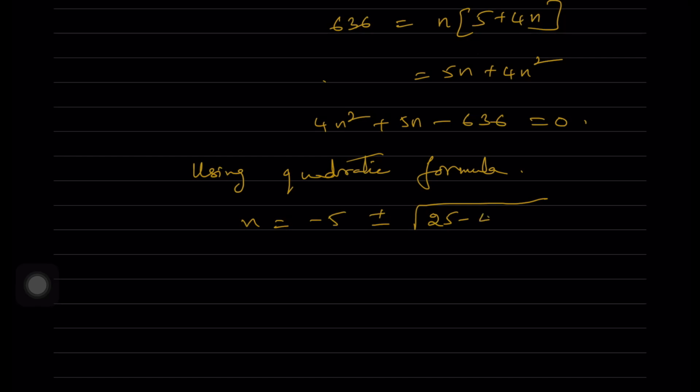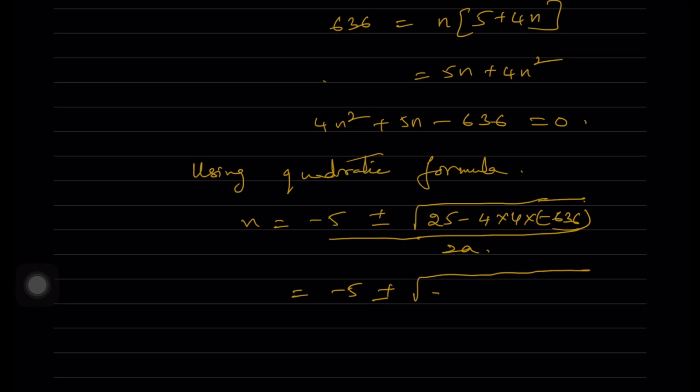B square is 5 into 5, that is 25, minus 4 into a c, which is 4 into minus 636, divided by 2a, which means 2 into 4. So therefore you are getting minus 5 plus or minus root of 25 plus 10176 by 8.